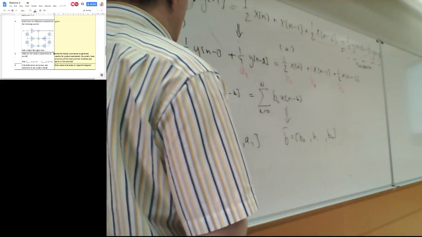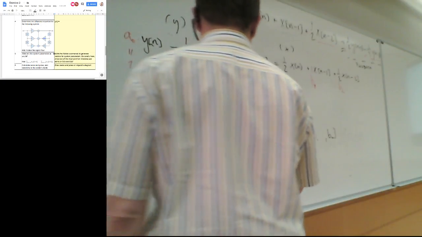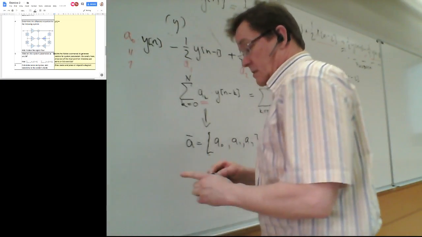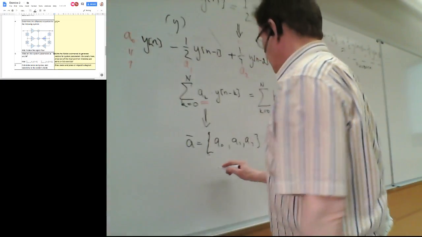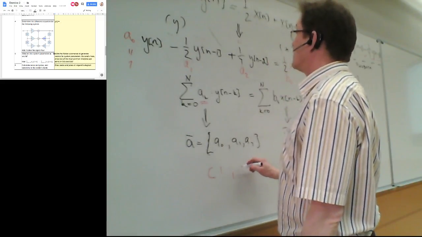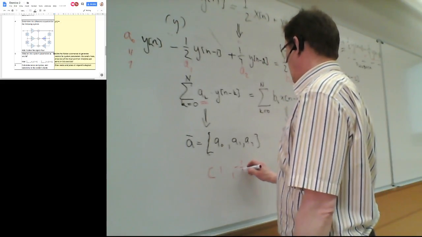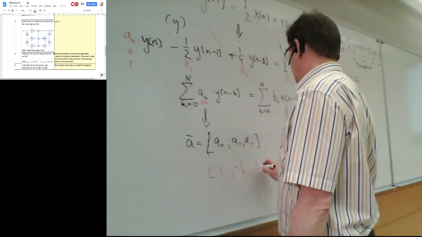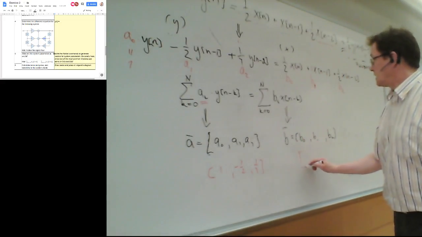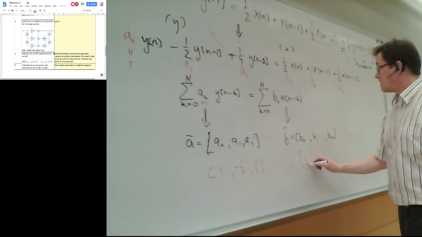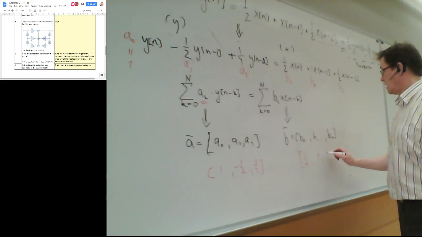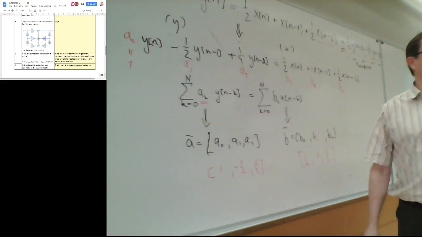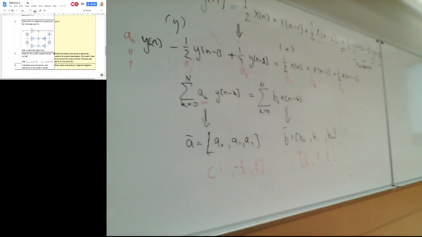Okay, for this example, the vector is 1, minus half, 1 over 4, and that one is half, 1 and half. It's very simple to make a sign error in here. Now you have been warned.